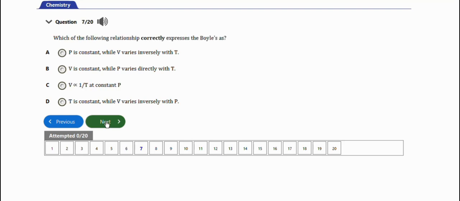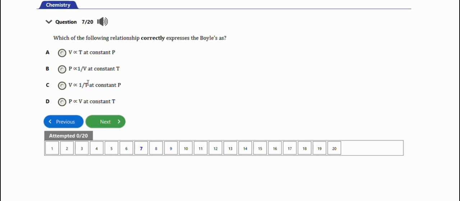Next repeated question will be this one. It says which of the following relationships correctly expresses Boyle's law? I think it's still almost the same question we just answered. So in Boyle's law, the volume of the gas is inversely proportional to pressure.